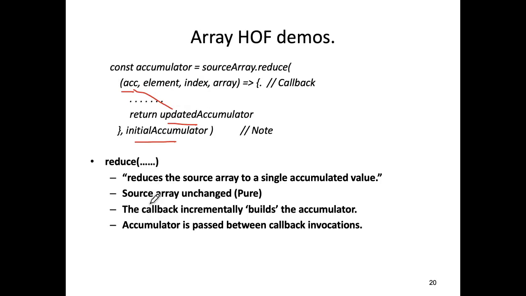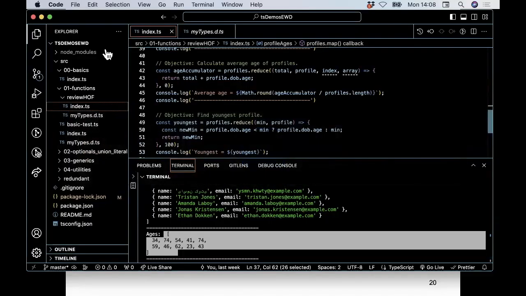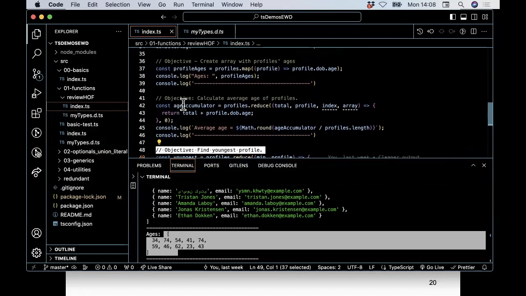So you can read the bullet points there, but just maybe to give you one or two examples. My objective is I want to compute the average age. Sorry, wrong one. This one up here.